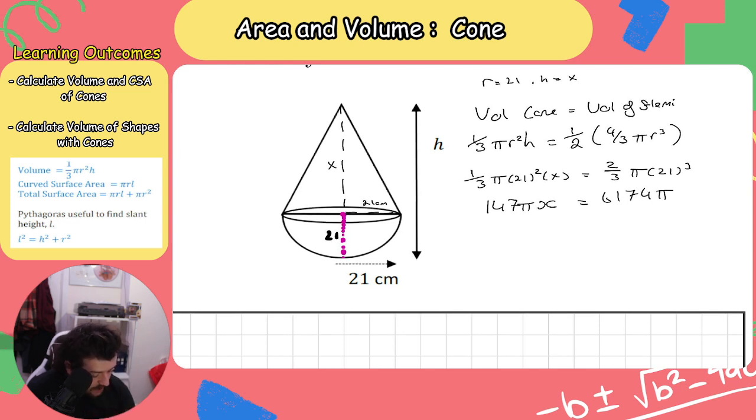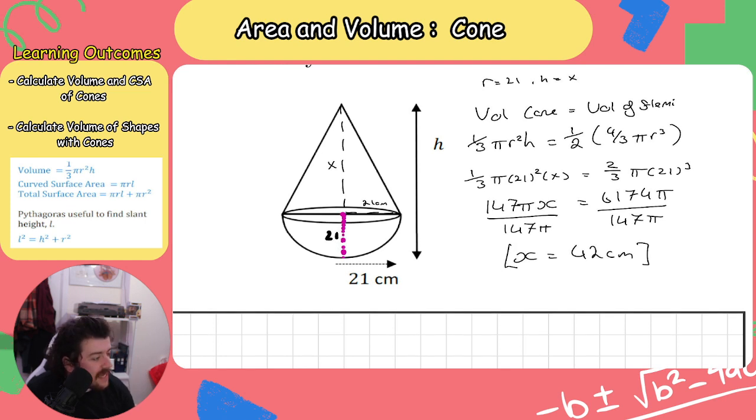Now I'm going to divide both sides by 147π. So 6174 divided by 147, I'm going to get x is equal to 42 centimeters.